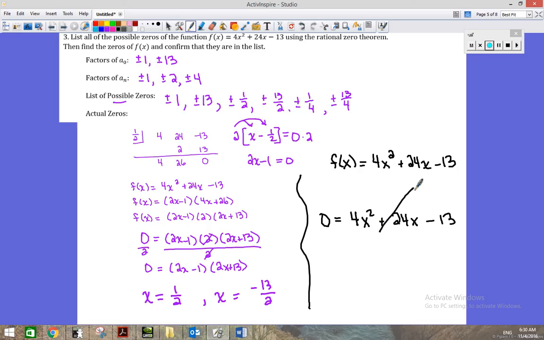and for this x method, you draw an x over the middle term, multiply the first term times the last term, and get negative 52x squared. Two values that multiply together to give us this negative 52, but add to give us a positive 24, are positive 26 and a negative 2. If I double the 26, with this being negative, I get negative 52, and if I add these together, I get 24.